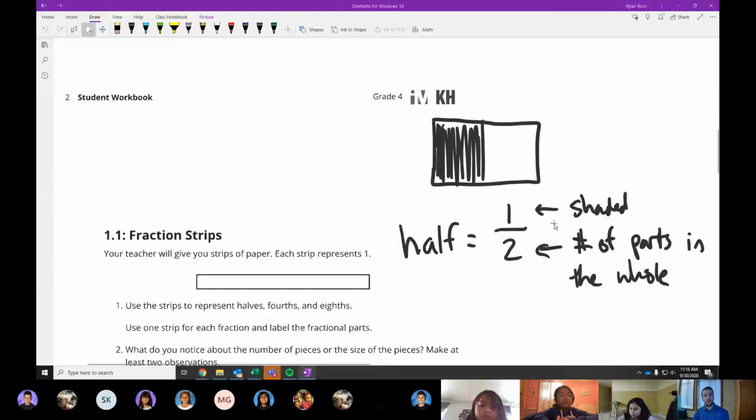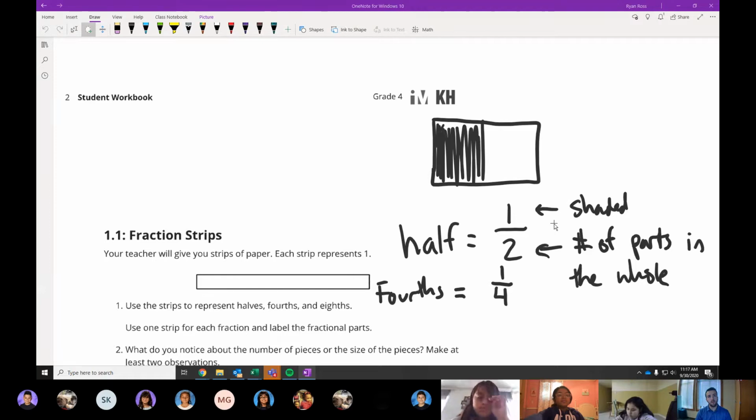Okay, nice work. Camila, do you want to help with the fourths? Yeah. So how would I write that as a fraction? 1 on top. Okay, 1 on top and 4 for the whole.